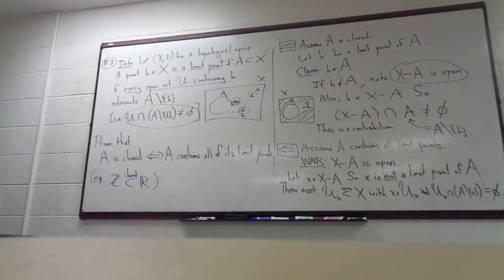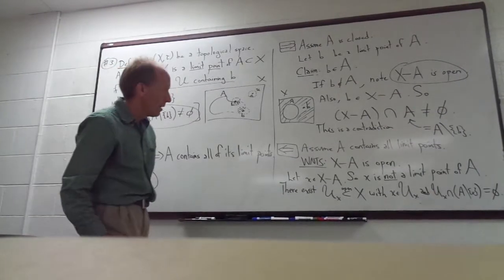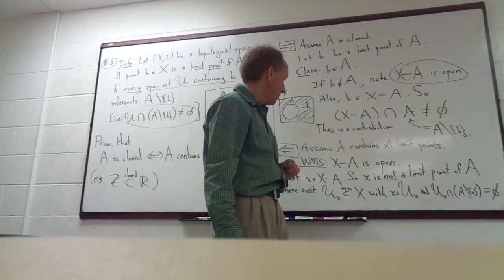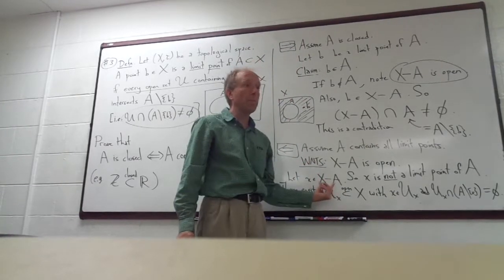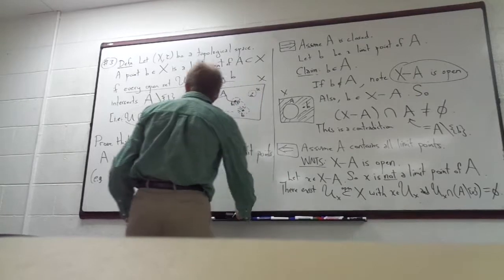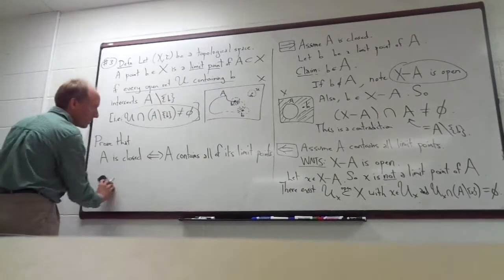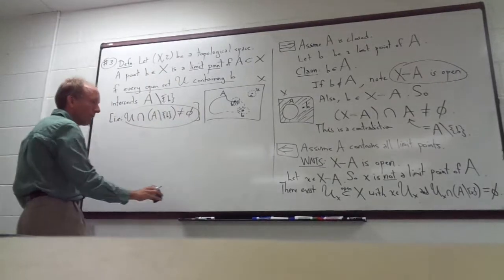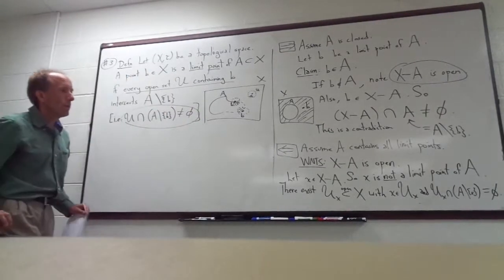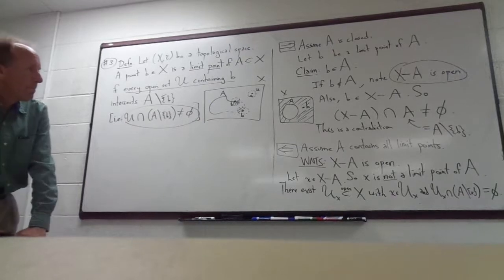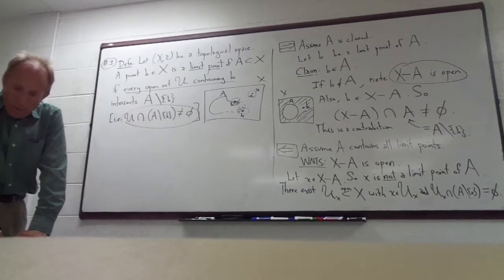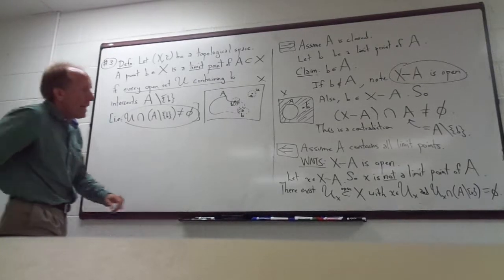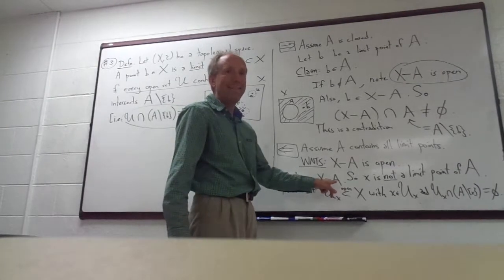So there's an open set that contains x. This is for any x in the complement of capital A. For any x in the complement of capital A, this is going to be true. But this is empty. There's nothing in common there. Now x, again, is not in A, right?